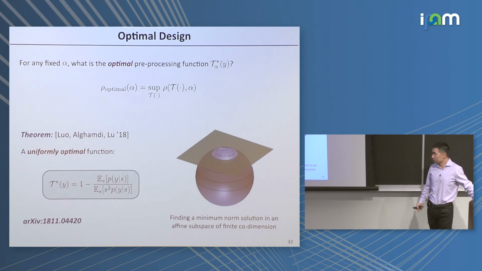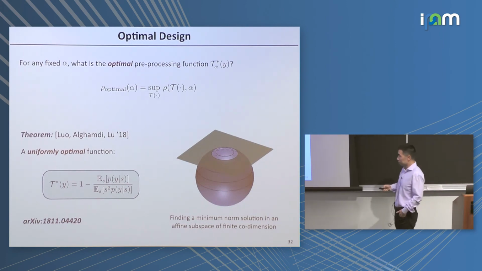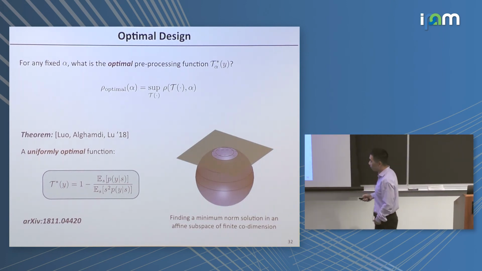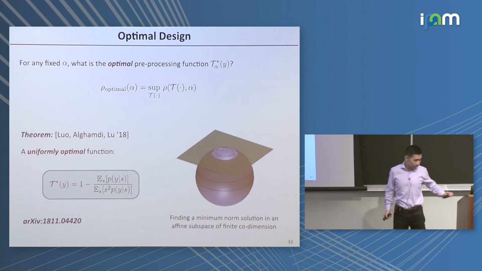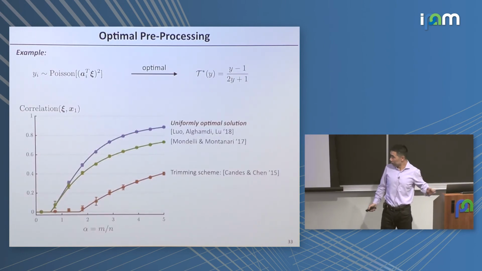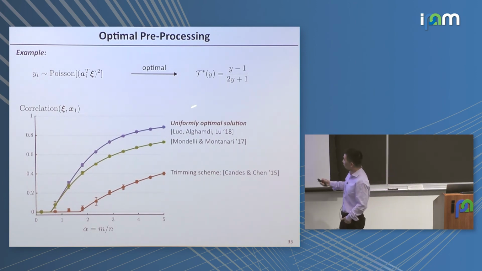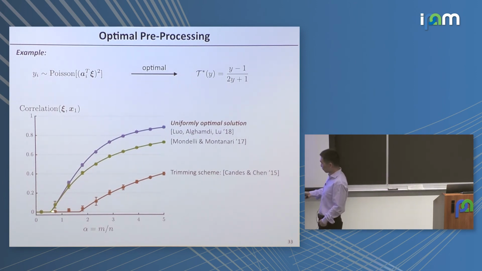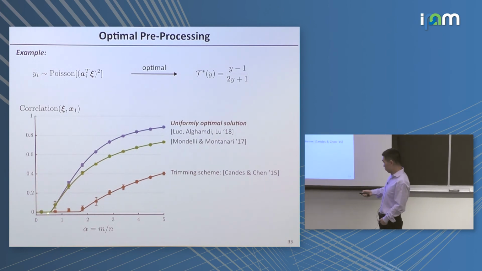And then there is also an interesting observation. There is a fundamental threshold initially derived in Andrea's paper, which is also achieved by this type of optimal preprocessing function, and it corresponds to the computational threshold obtained by using, for example, approximate message passing algorithms. So there must be an underlying reason why this is the case.